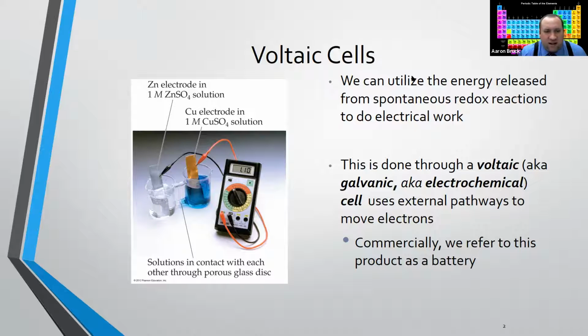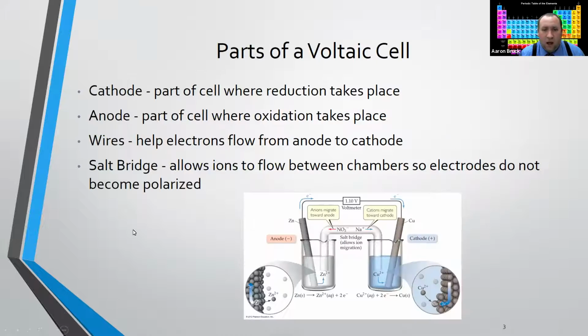And so here's an example of a voltaic cell, an electrochemical cell that we have set up through a pair of beakers that are separated from each other. In a battery, we see the same kind of thing happening, only everything is condensed into one container that has some partitions in it. The parts of the voltaic cell are as follows. There is a cathode.